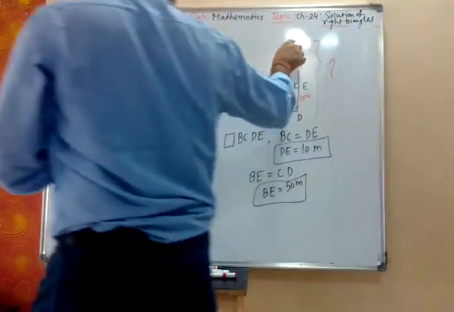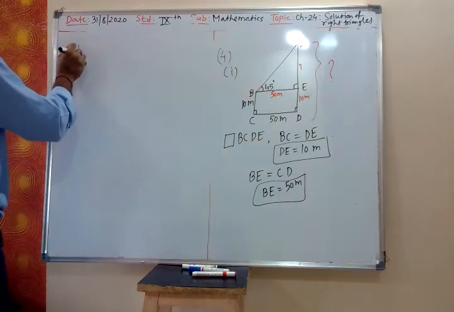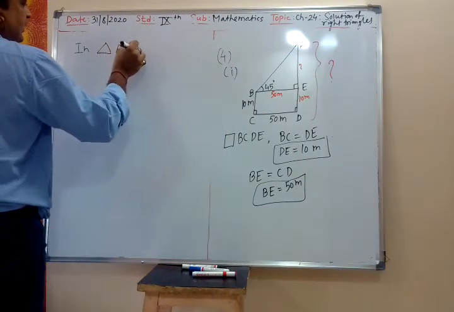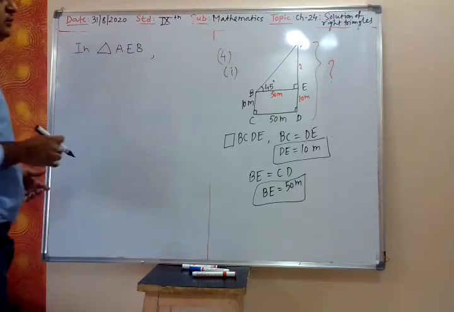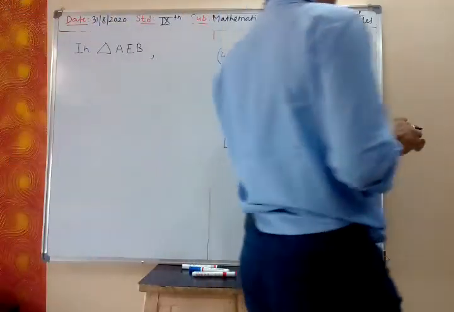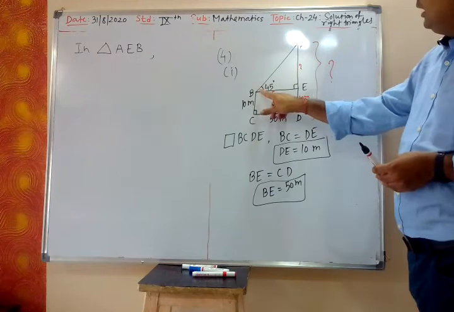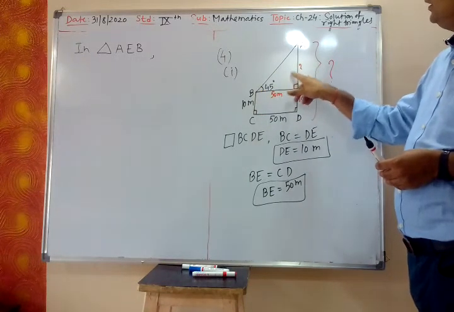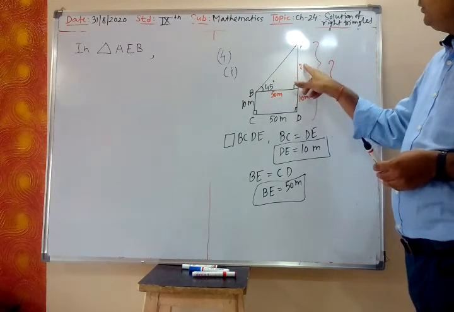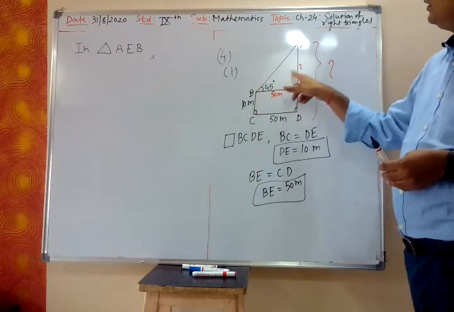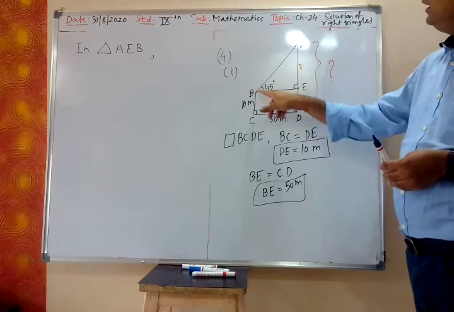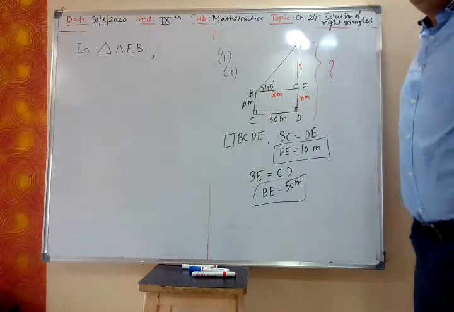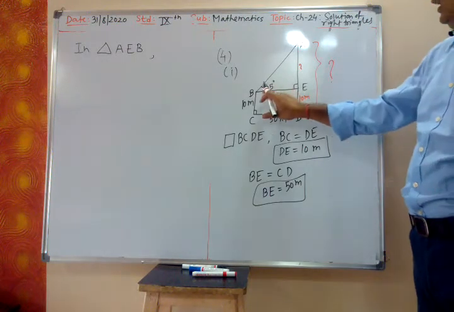So in triangle ABE, my E is 90 degrees. So I can use a trigonometrical ratio. Now B is the reference angle 45. This is opposite, we have to find, and adjacent is given. So which ratio will you consider?